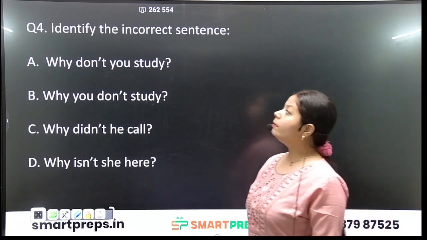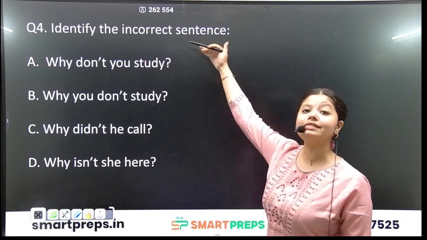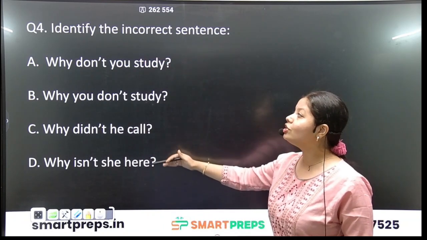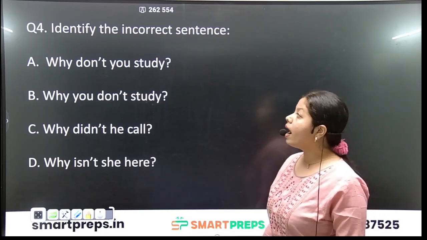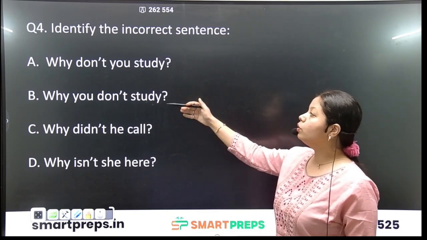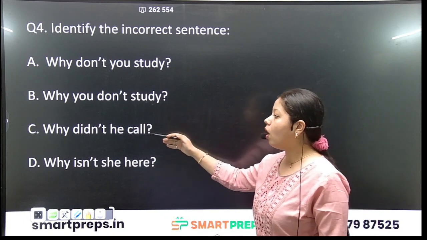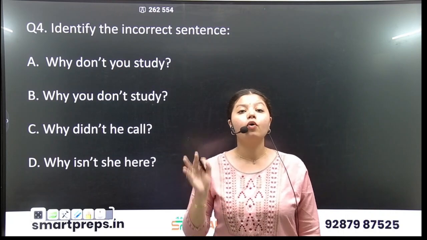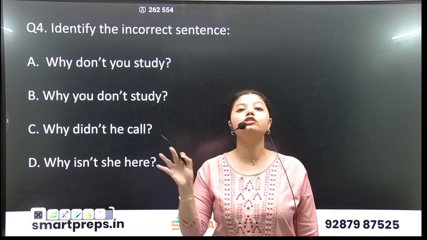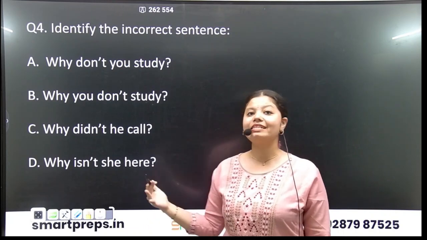Okay. Question number 4. Identify the incorrect sentence. So you have to find out which is actually the incorrect form among the 4 options. "Why don't you study?" "Why you don't study?" "Why didn't he call?" "Why isn't she here?" So I hope you remember the rule where we were using WH words along with the negative interrogative sentence.